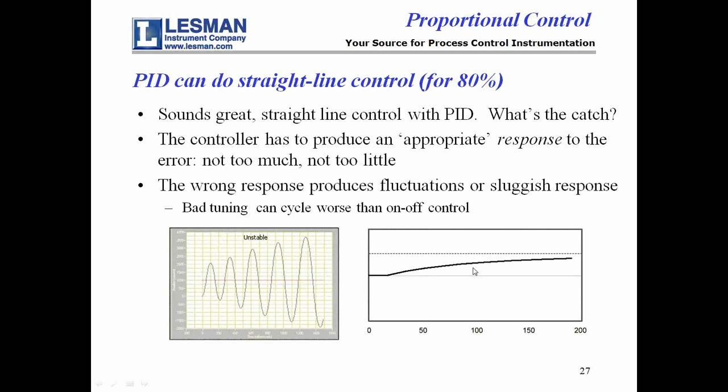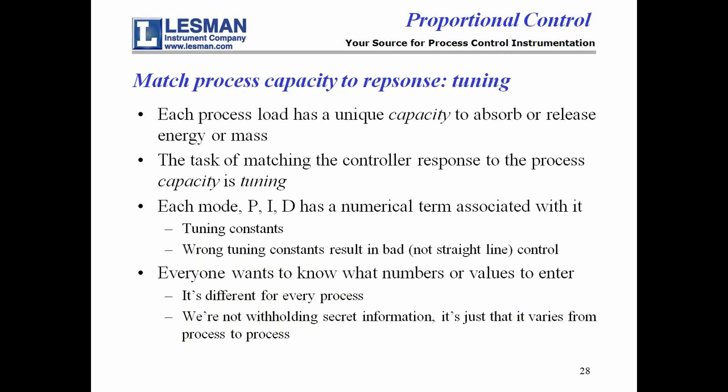So the key here is tuning, and tuning relates to a process's inherent capacity. The capacity is the ability to absorb or release energy or change mass. And the goal of tuning is to match the controller's response to what the process capacity is. So every controller has numerical terms for the P and for the I and for the D. These are numbers that the microprocessor uses to calculate the response, which is the output.